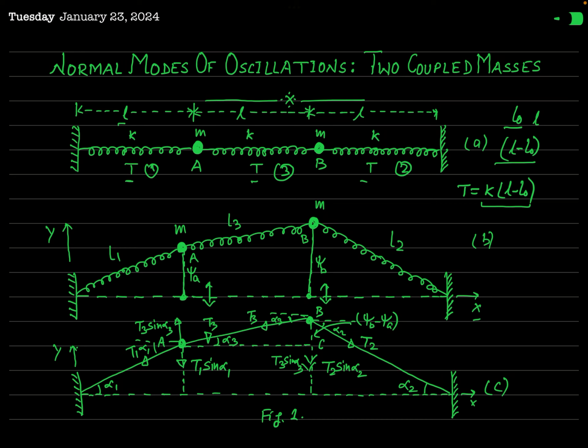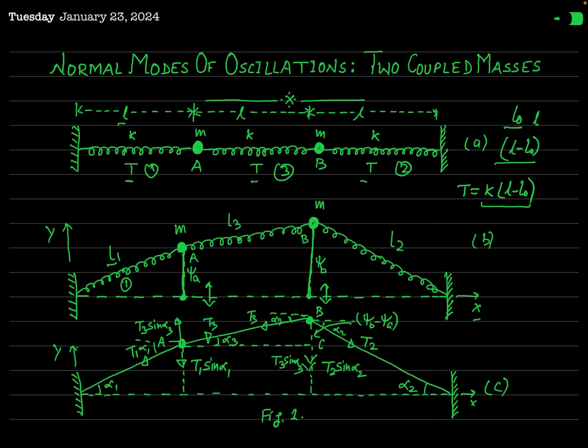Let us now consider that when the system is displaced, as you can see, A is displaced by psi A and B is displaced by psi B in the y direction. Then we consider that the length of spring 1, which was originally L in the equilibrium state, now becomes L1.